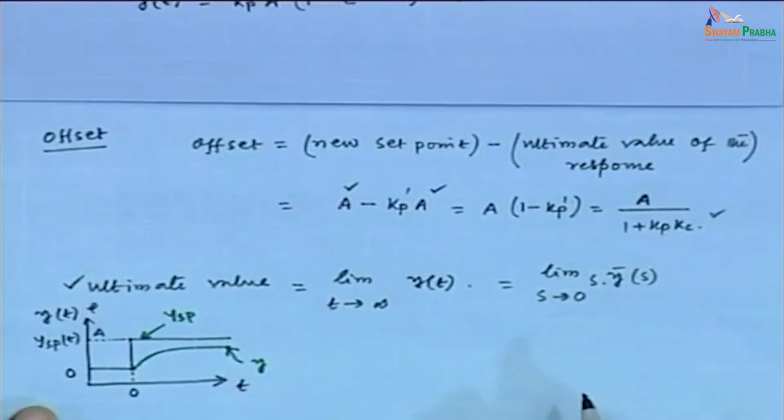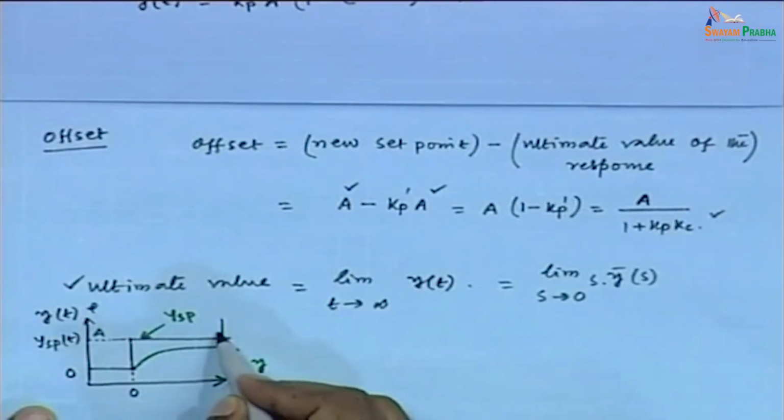This plot represents the process behavior under P only control scheme, by introducing a step change in set point value with a magnitude of A.